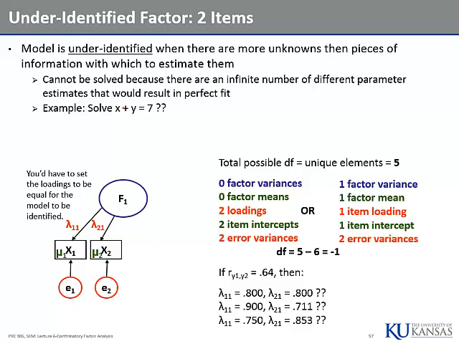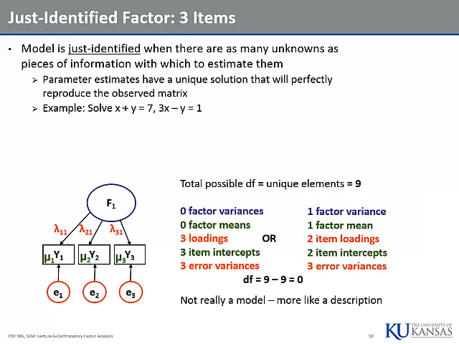So, let's move up a notch. Here we go. We have 3 items. In our saturated model, how many means do we have? 3. What's the size of our covariance matrix? 3 by 3. Excellent. So 3 variances, 3 covariances. That's 9 things. Right?